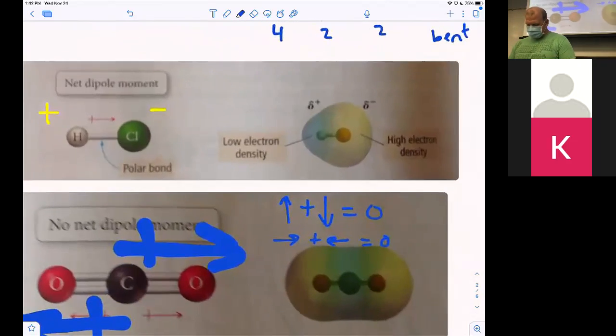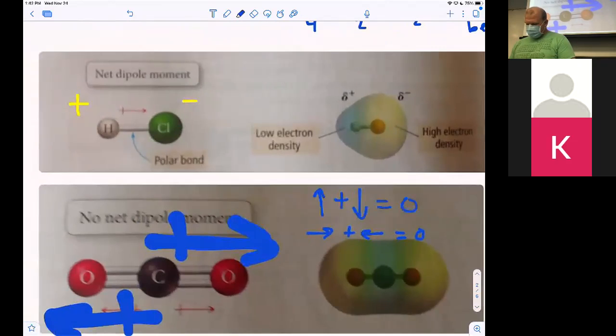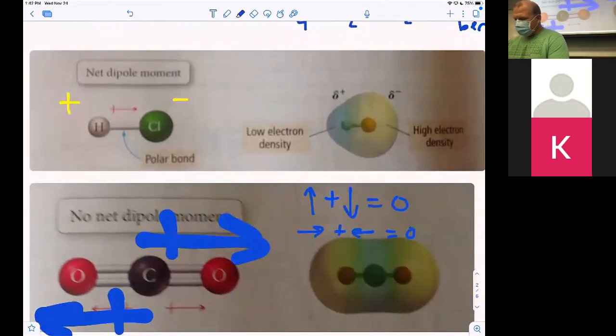It's the activity. Okay, so remember we talked about blanket hogs and with hydrochloric acid, HCl, that the electron cloud would be even as far as the bonding electron cloud is concerned, but because chlorine is more electronegative, it can draw electron density to itself.